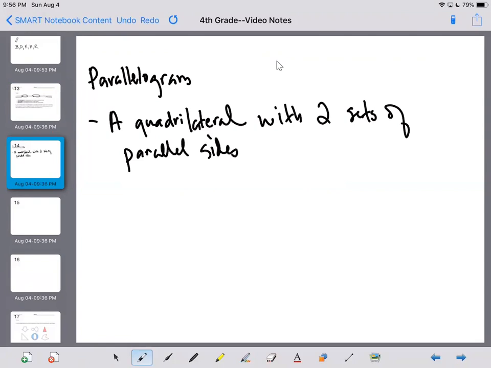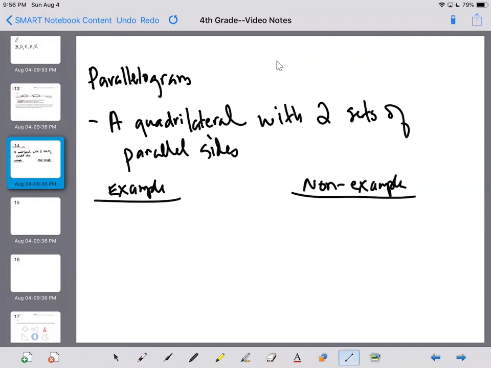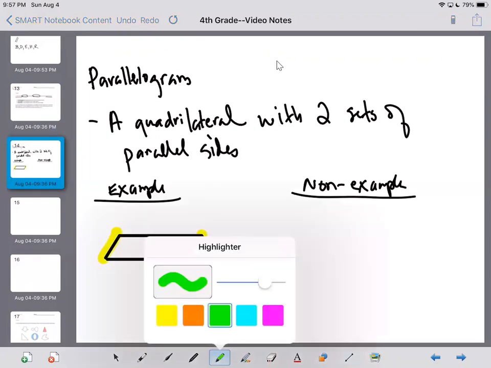So we're going to look at an example, and a non-example. So I'm going to use my line tool, and so the idea was to create parallel sides here and parallel sides here.